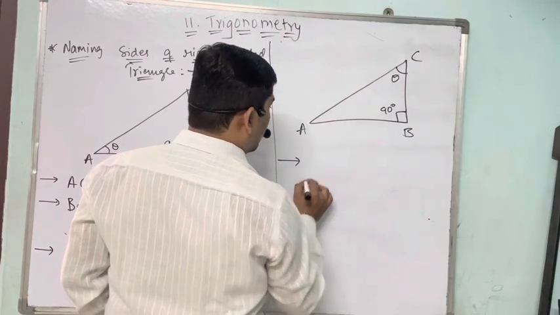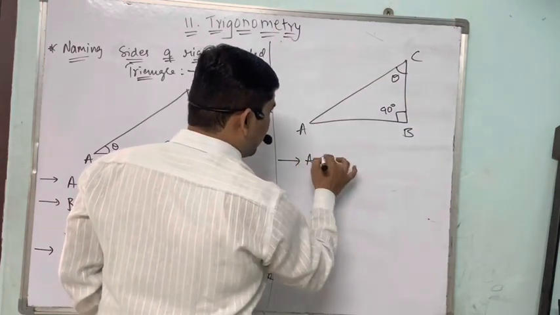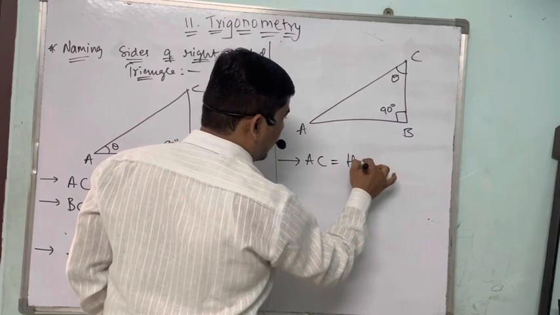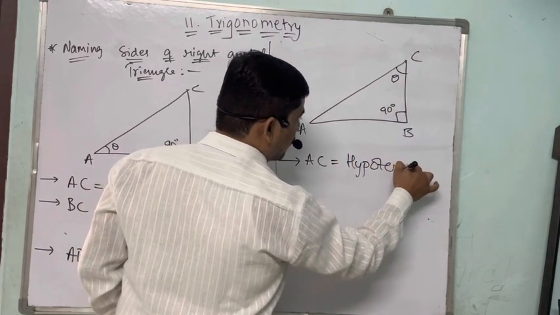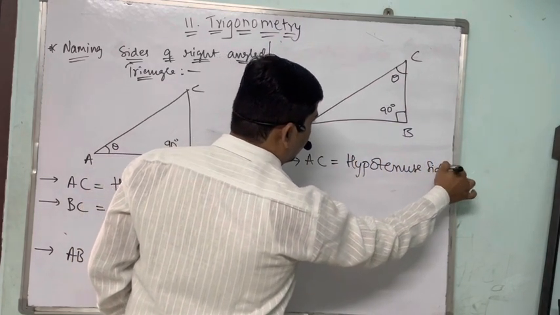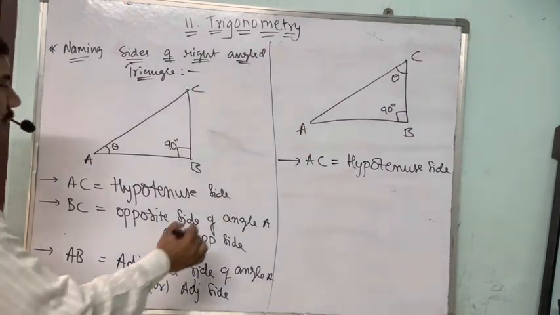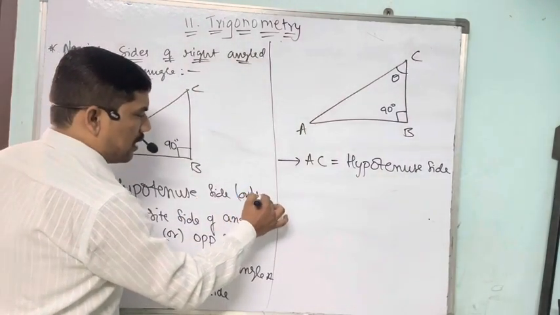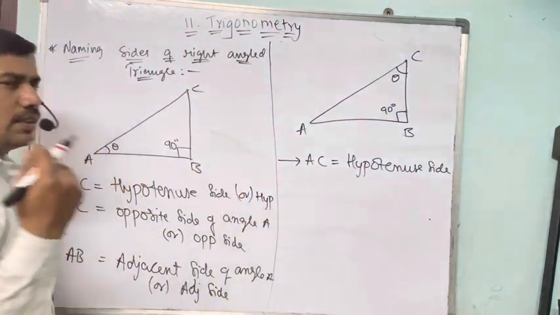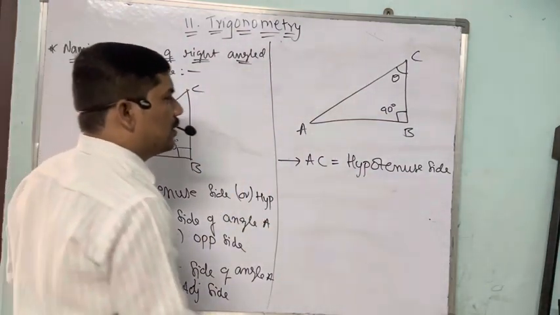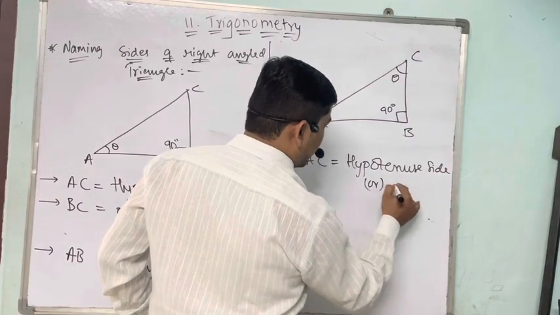So the side opposite to 90 degree, that is AC, is called the hypotenuse side as usual. While writing, we'll write H or P, capital H, small h, it's up to you, no problem. So AC is the hypotenuse side.